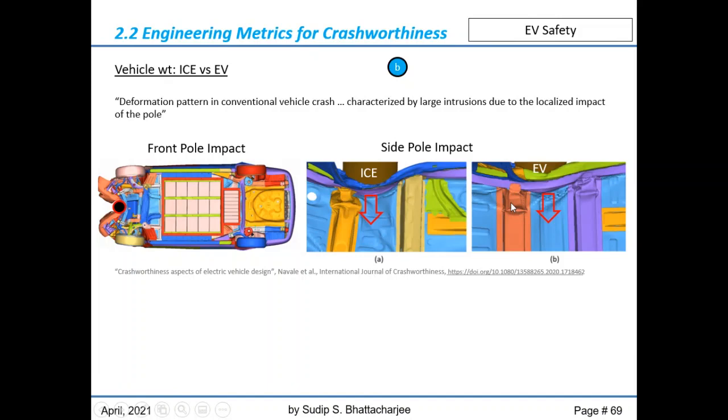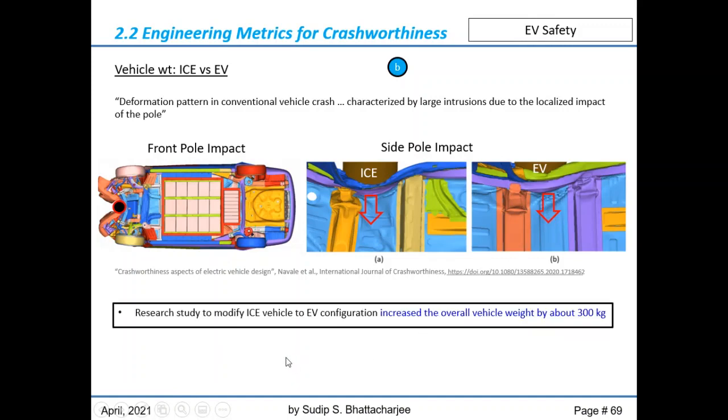But generally, EV vehicles are heavier and they are getting designed with much stronger and stiffer structures with reduced intrusion to the vehicle body structure. Net result is EV vehicles are weighing heavier than the ICE vehicles for the same size, same configuration. It's just the battery weight plus the structural configuration.